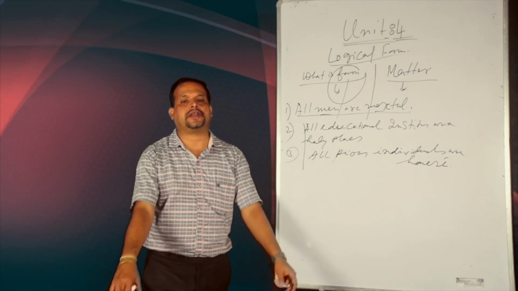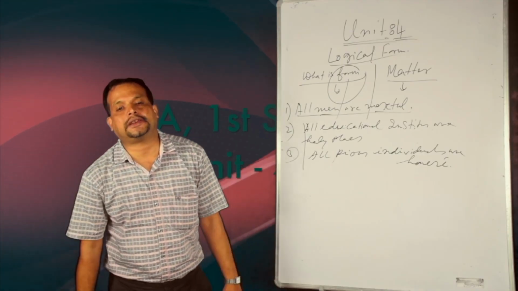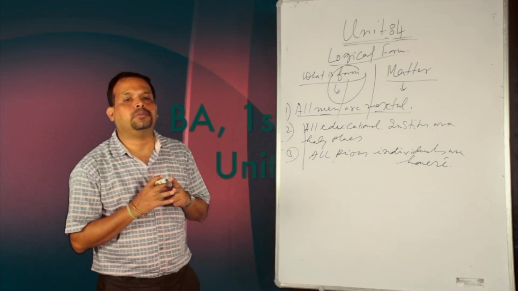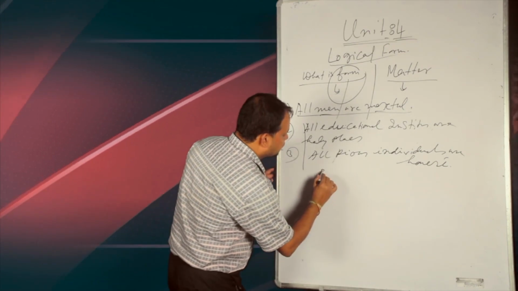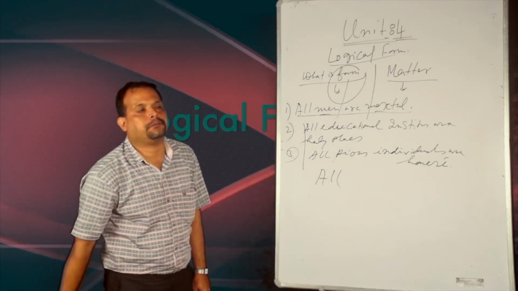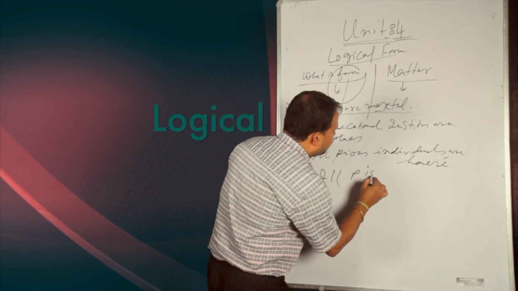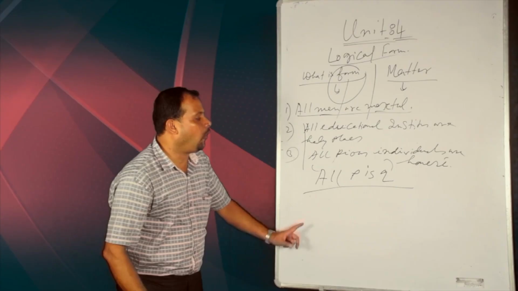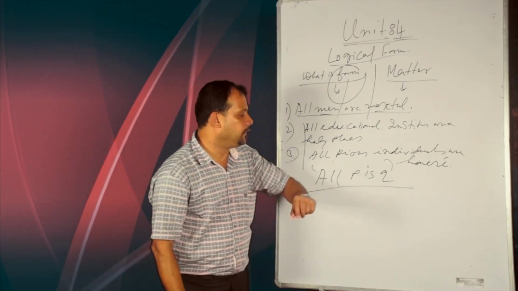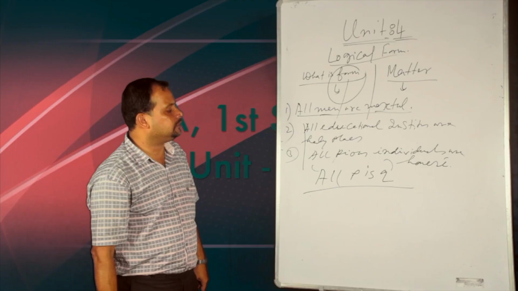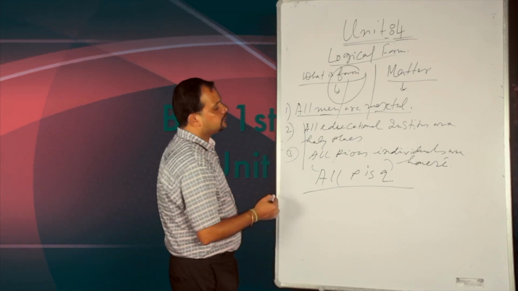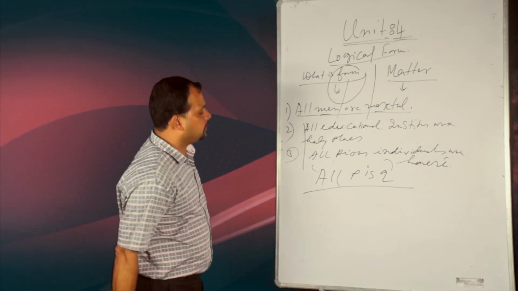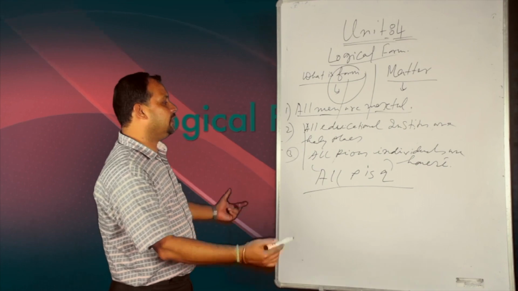If we withdraw our attention from their subject matter, then we cognize their form to be of the type all P is Q. You see, this is the same logical form, all P is Q. If you write all P is Q, then it means all educational institutes are holy places, all men are mortal, all pious individuals are honest.